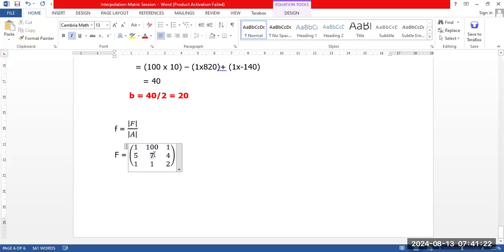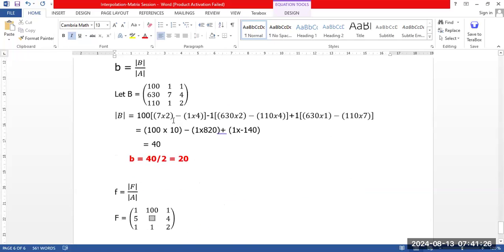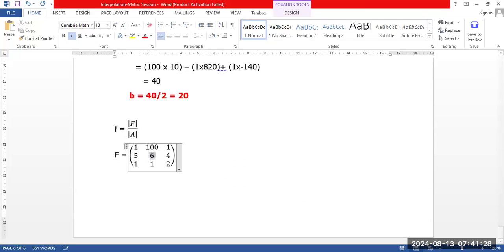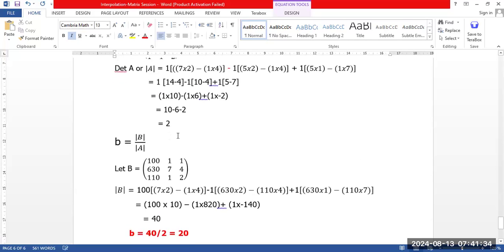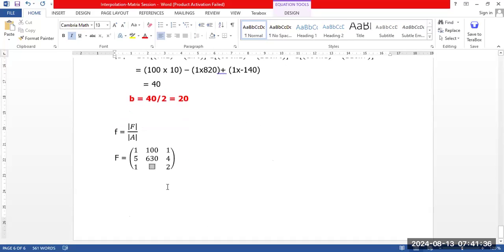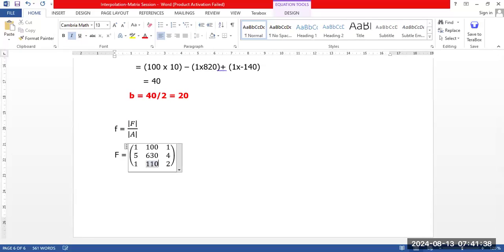Then where I have 7, I'm going to put 630. Then where I have 1, I'm going to put 100, and the others will remain the same. You go ahead and look for the determinant of F.